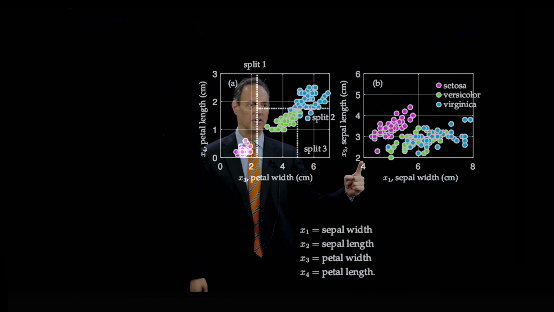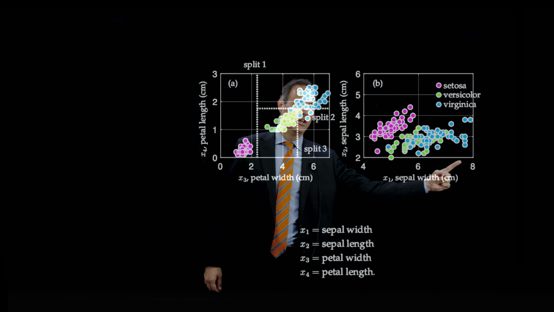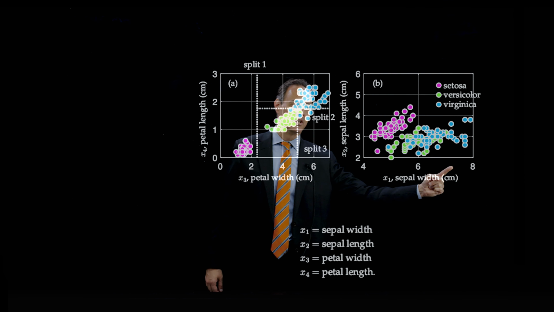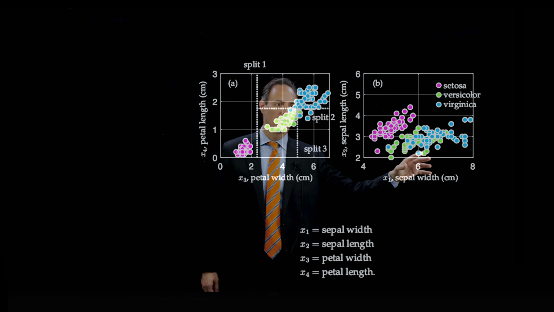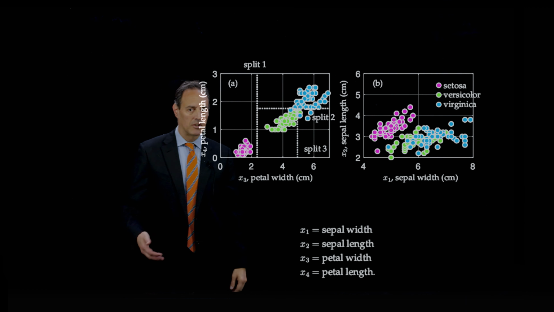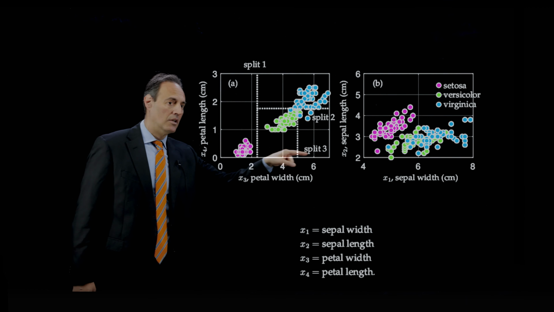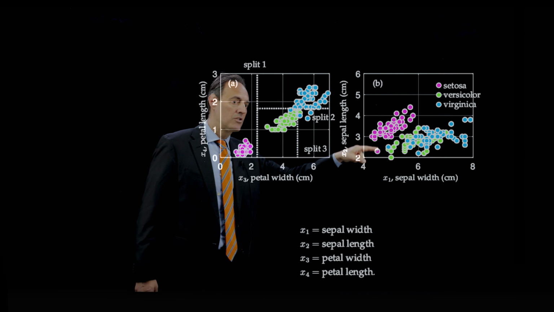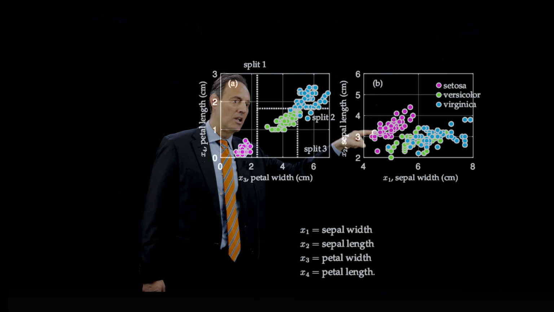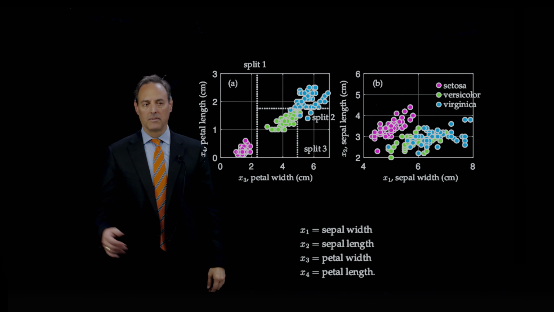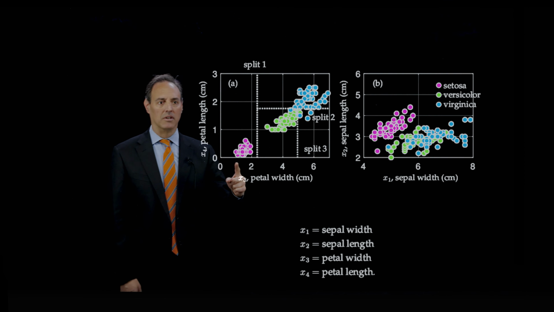If I walk along here, notice it's very hard for me to cut anywhere in the x1 direction and get a very clear discrimination between the magenta, green, and blue balls. What about the x2 direction? Scan in this direction, and again you see it's pretty hard to draw a line here that separates the magenta, green, and blue balls.